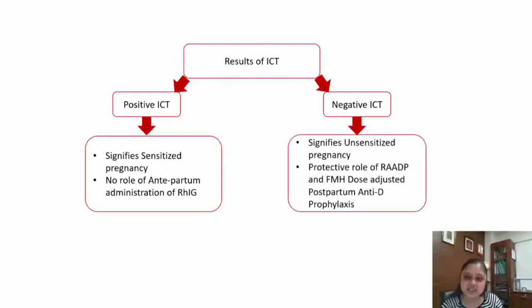That means the pregnancy is unsensitized. The antibodies are not yet being formed. Therefore, in such cases, there will be a protective role offered by the routine administration of anti-Rh immunoglobulin, and further after the delivery, postpartum anti-D prophylaxis with the FMH dose adjusted can be administered.